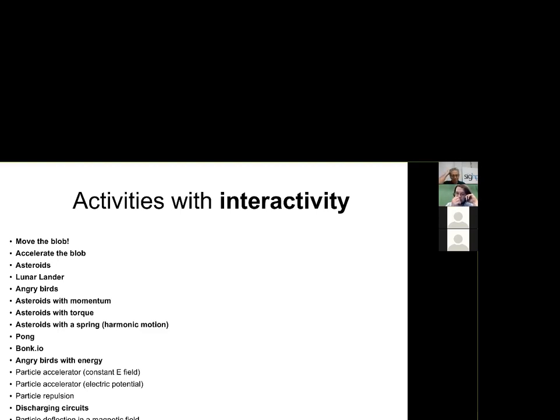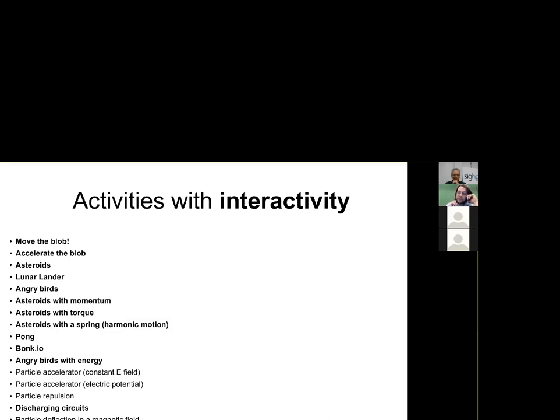And there are some connections to chemistry and math here. So for example, Pong and Bonk.io. Pong is very similar to the kinetic theory of gases because you just have these elastic collisions everywhere. So Pong, as stupid of a game as it is, is a beautiful example of how you can talk about elastic collisions. It's one of our more popular things.